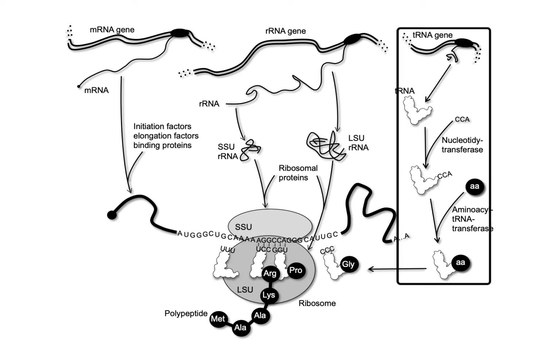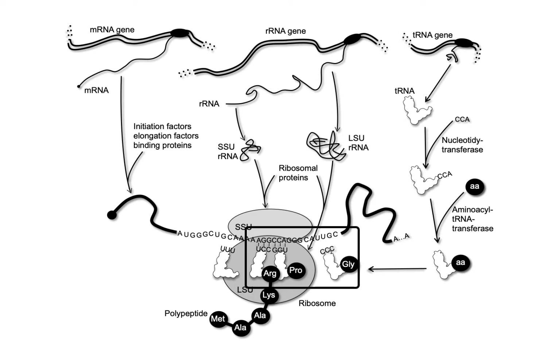And then the tRNAs carry the amino acids into the ribosome, matching up the anticodon on the tRNA with the codon on the mRNA, to place the proper amino acid in the protein polypeptide sequence.